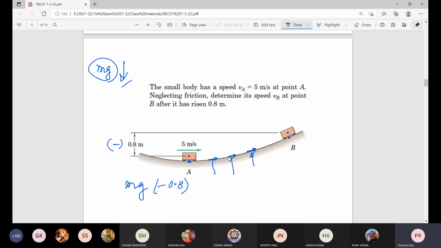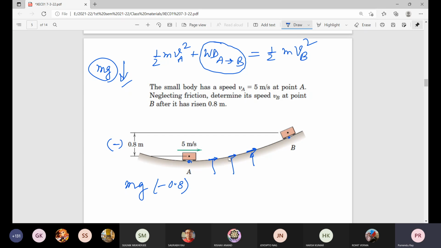So initial kinetic energy plus work done from A to B is equal to half m VB square. Clear? Only thing, this part will be negative.